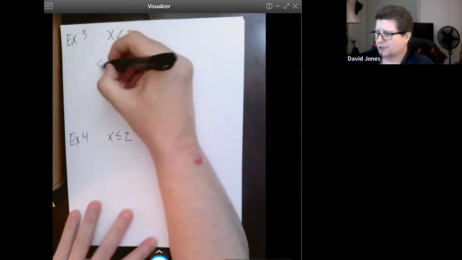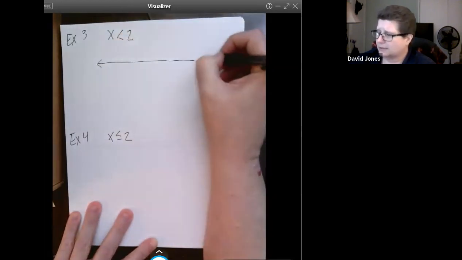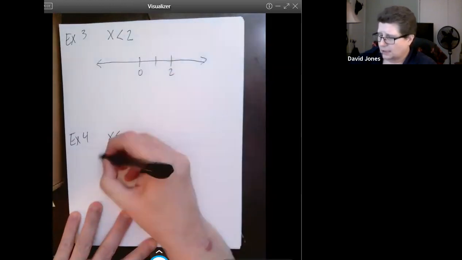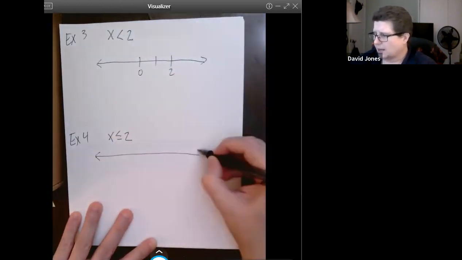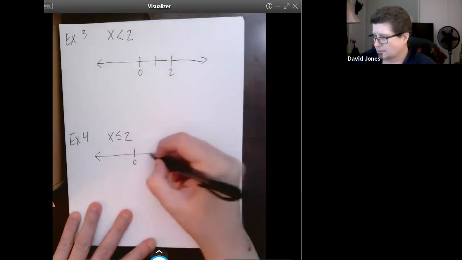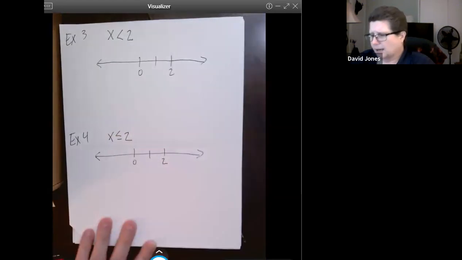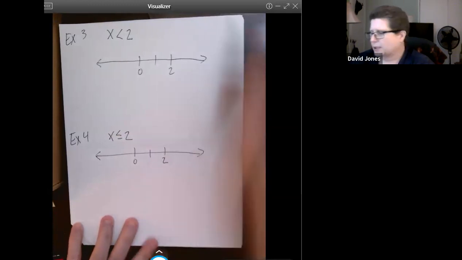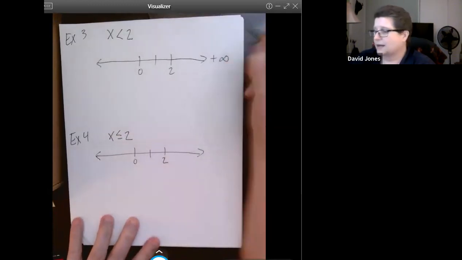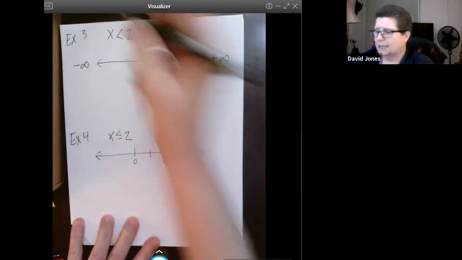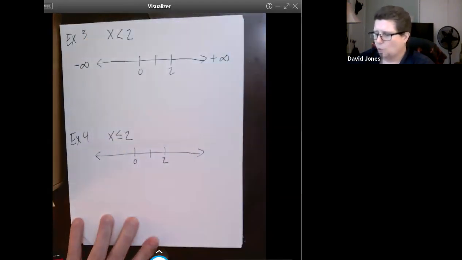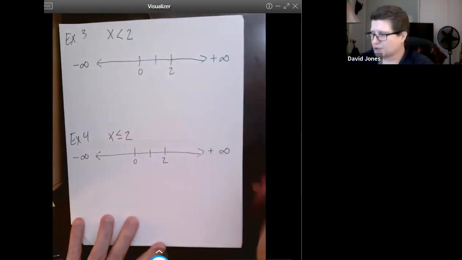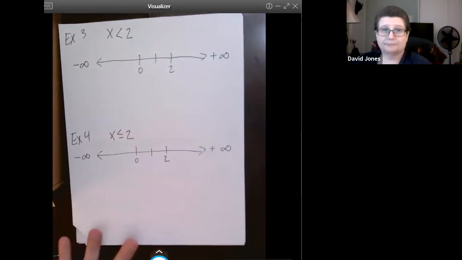All right, so I'm going to put my number line in. 0, 2. In the long run, you don't need to put the infinity signs at the end. But while you're learning it, it's handy to do so, especially for the interval notation part.